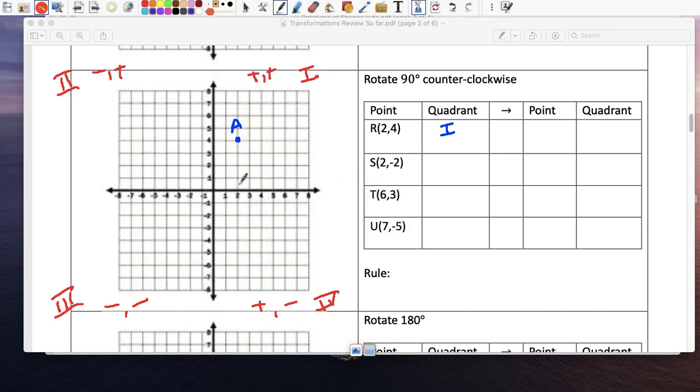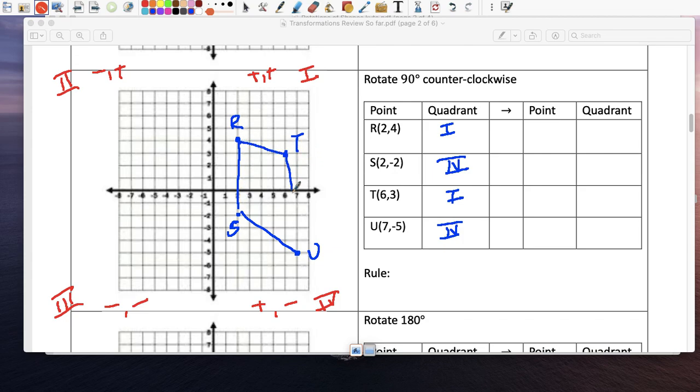Point S is 2, negative 2, which is in quadrant 4. 6 and 3 is in quadrant 1, that's T. Oh, not ABC. It's R, S, T, and then U, 7, negative 5, which is right here, and that's in quadrant 4. It helps knowing what quadrant they are in.